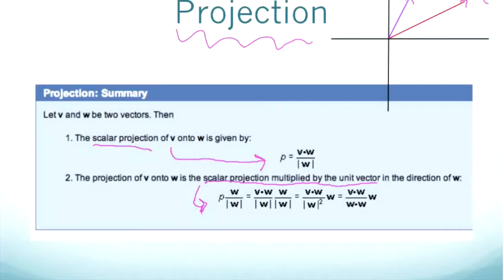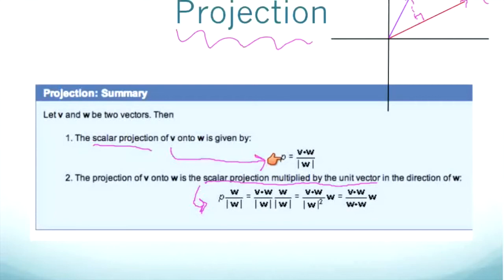Projection means vector 1 making a 90-degree angle with vector 2, and it's asking what's the length from here to here. They talk about it being a shadow in your online lesson, but anytime they say projection of vector 1 onto vector 2, they're talking about taking vector 1, making a 90-degree angle with vector 2, and asking what's that length. That's all projection means: projection of one vector onto the other vector.